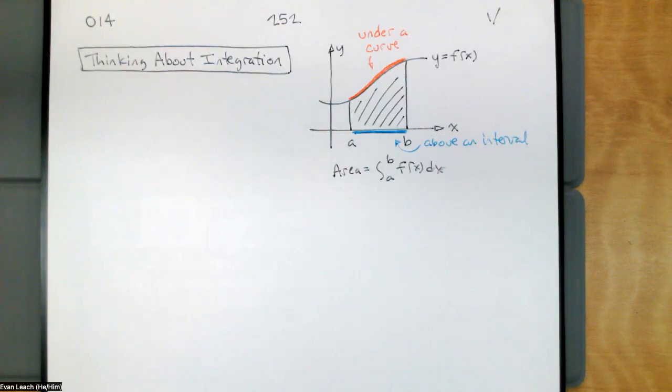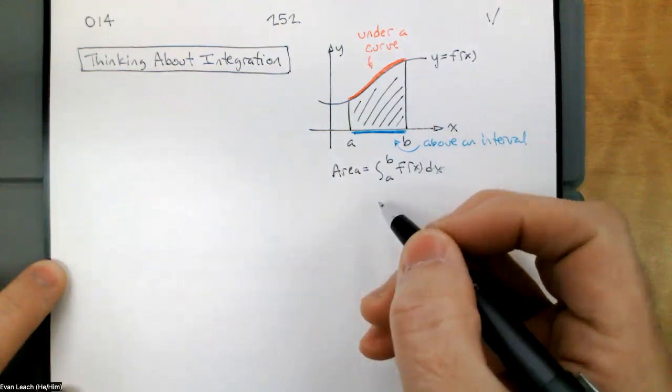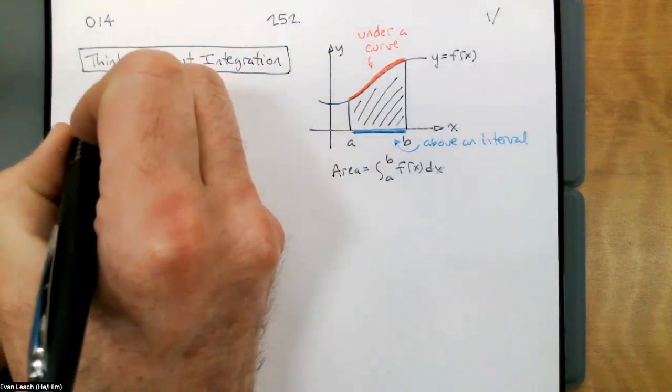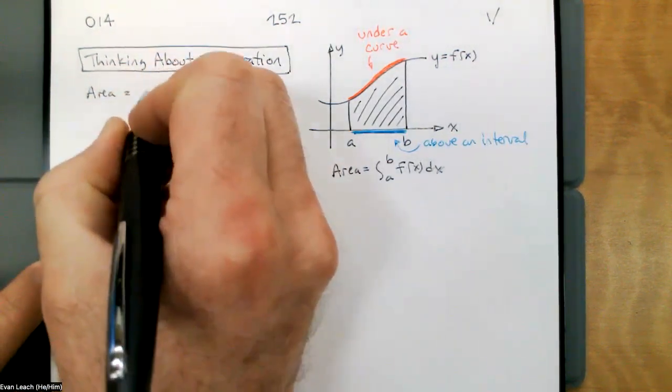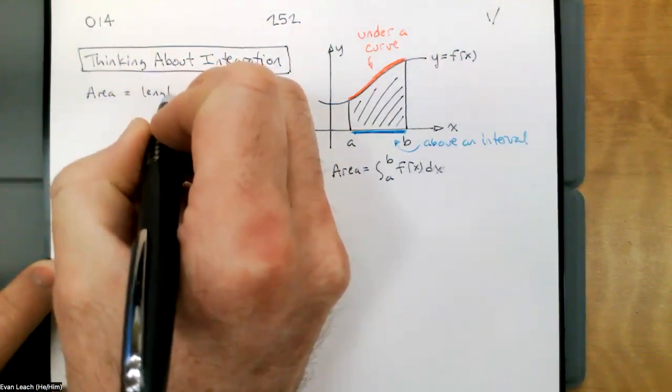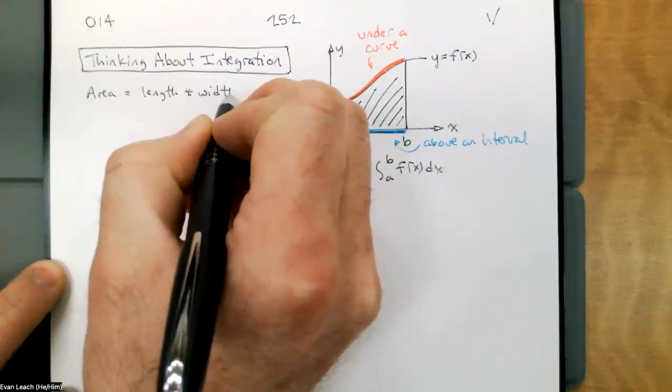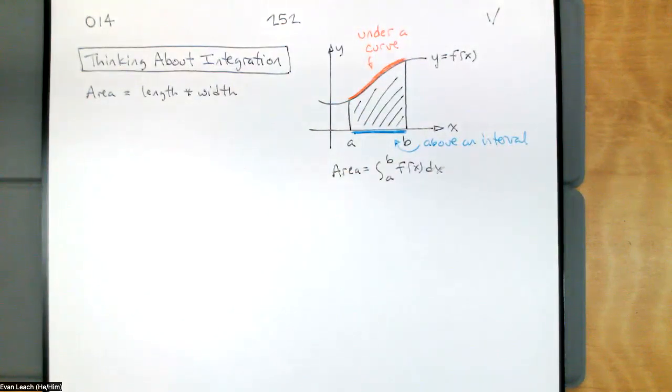The big idea is that we're doing multiplication, but one of our factors is continuously variable. If we think about area as length times width: if the length is constant, then we get to use multiplication.